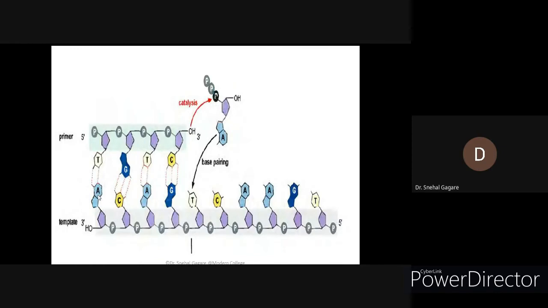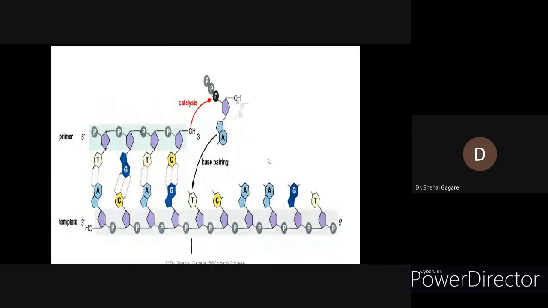There is A on the template, T with 2 hydrogen bonds on the primer. When there is C on the template, there is G on the primer strand with 3 hydrogen bonds. These dashed lines indicate the hydrogen bonds. And this is the sugar phosphate backbone, consisting of these phosphodiester bonds.